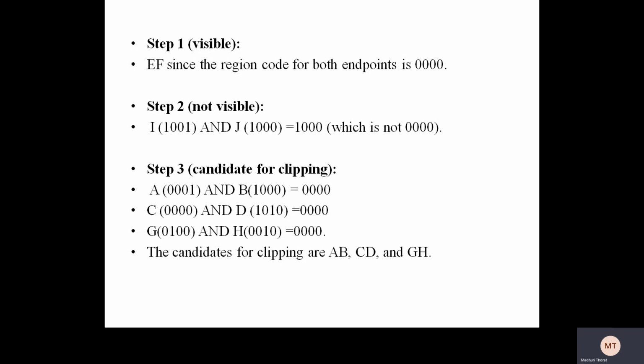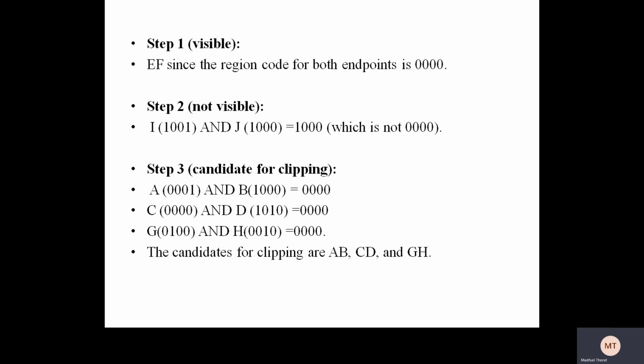So AB, CD and GH are such lines. First we calculate the AND operation for the AB line, and we get 4 times 0. The AND operation for the CD line also gives 4 times 0. The AND operation for the GH line also gives 4 times 0. That means these three lines are the candidates for clipping.